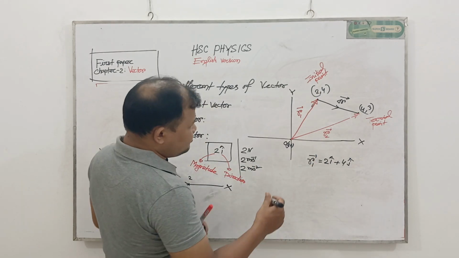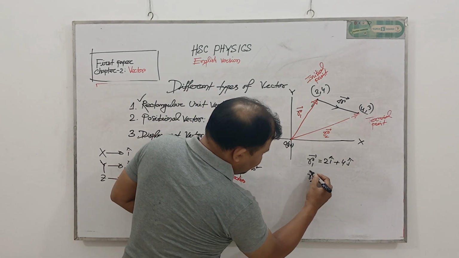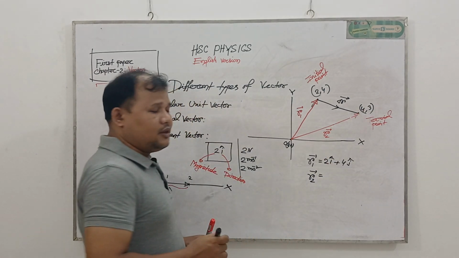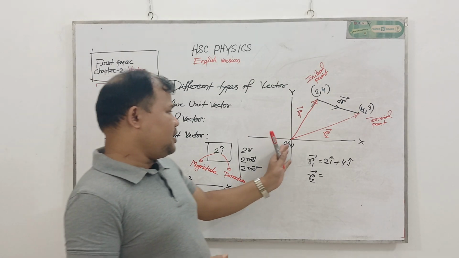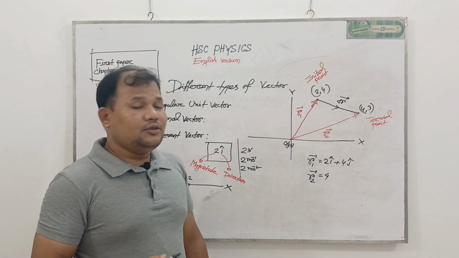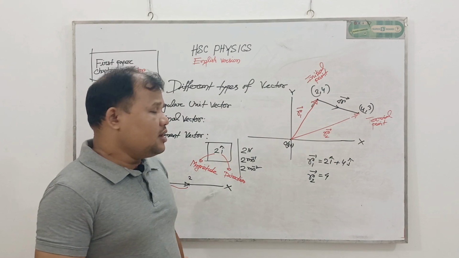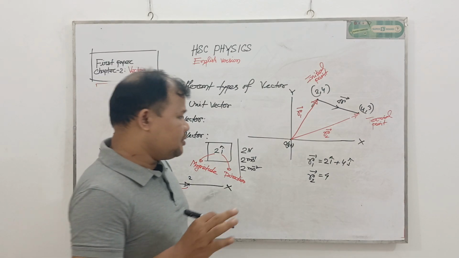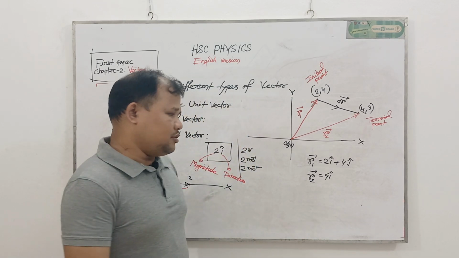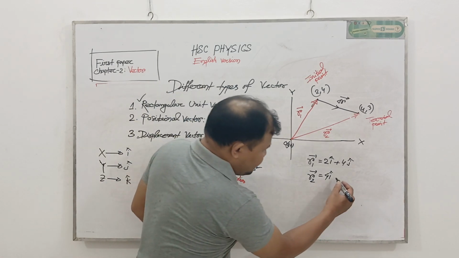In the same way, if we find out the R2 positional vector, here we can see 4. 4 is a value along the positive side of the x-axis. So we write here 4. As along the positive side of the x-axis we use the unit vector i cap, now 4 turns into a vector after adding the i cap unit vector.